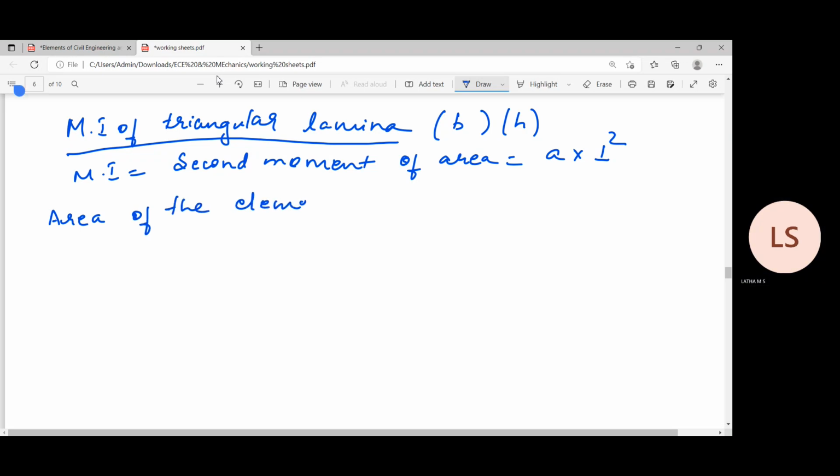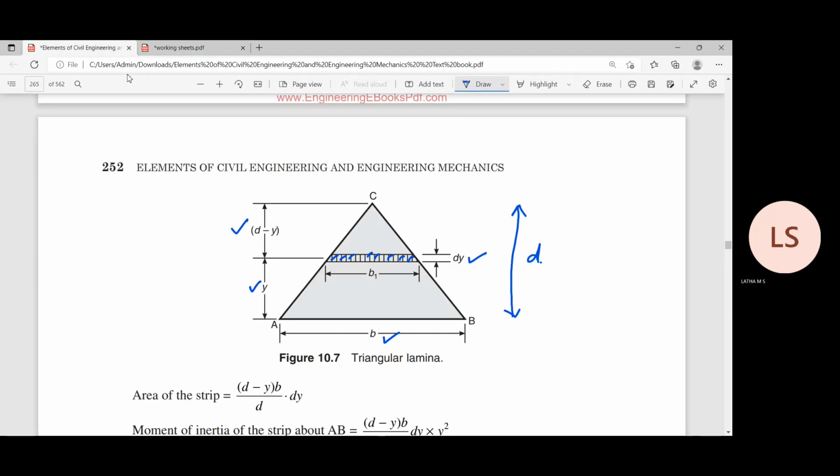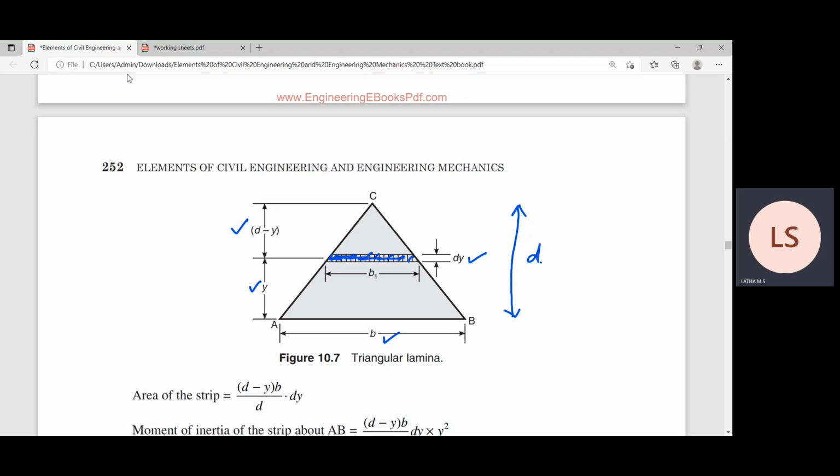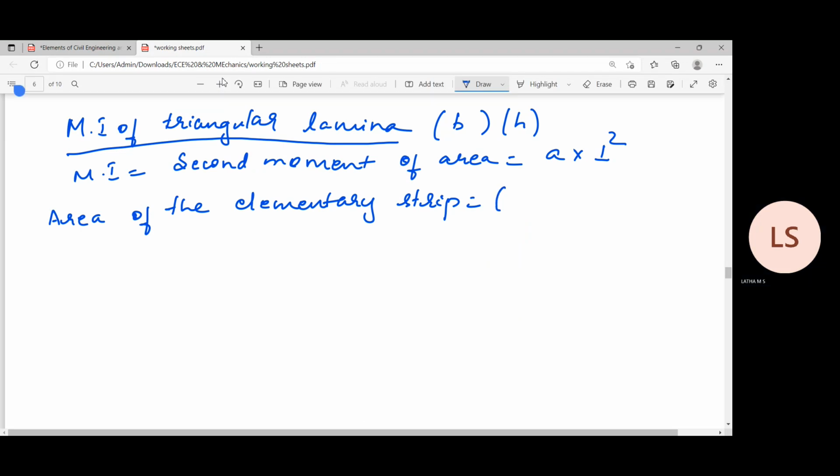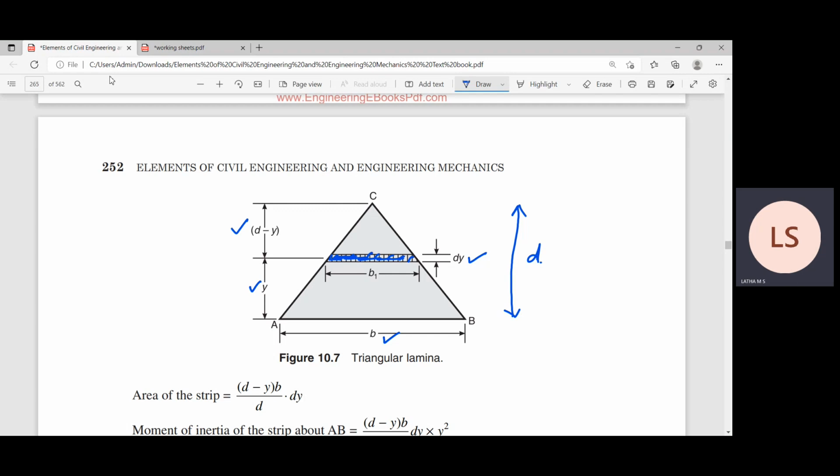Though it is an elementary strip of a triangle, we'll consider that as a rectangle, with dy as the depth into b1. But what is b1? How to determine b1 from the similar triangle concepts?